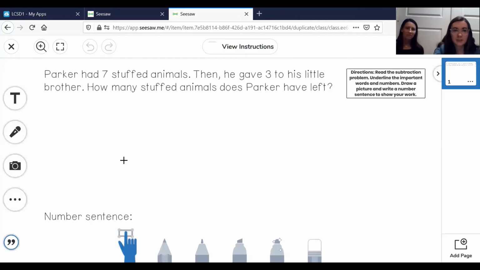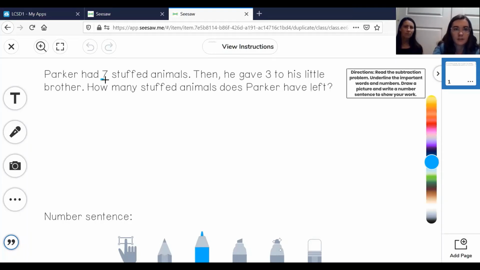So I know my first step is to underline the important numbers and words. Okay. And then I'm going to draw my picture. Did you underline all the important things? Oh.